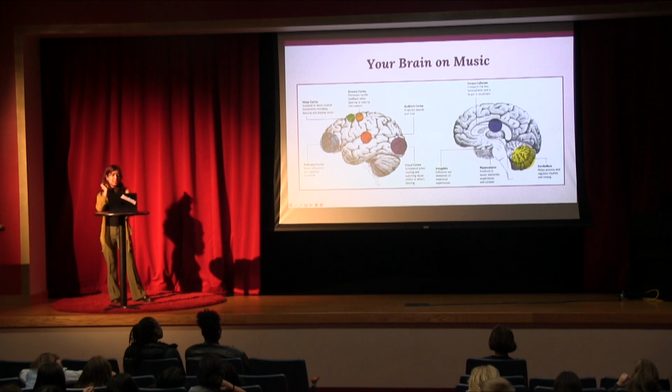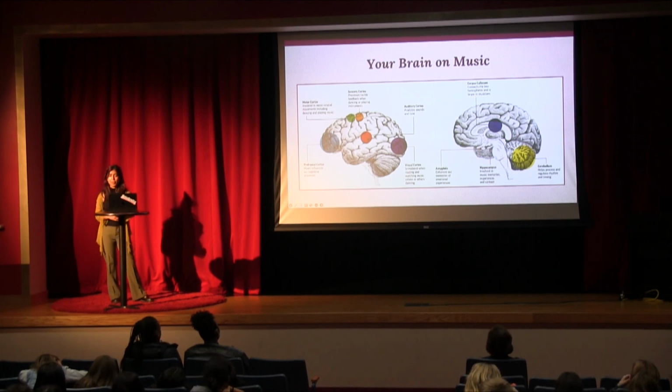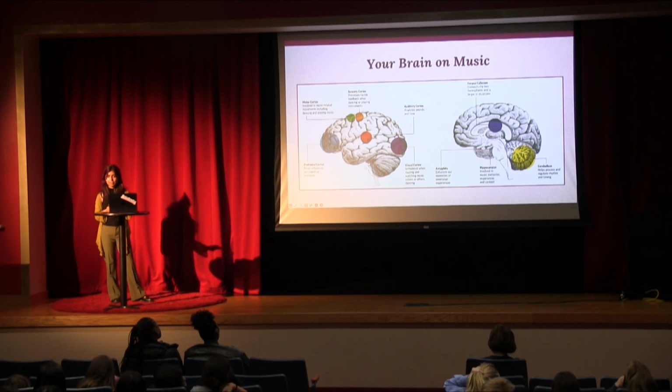More generally, though, I wanted to talk about music inside the brain. Our auditory cortex processes pitch, so the sound and the tone, and the motor cortex and cerebellum help decipher rhythm. Something interesting about that is because they are motor regions, they monitor our movement, and that contributes to the phenomenon of people tapping their feet or drumming their fingers to a beat without being aware of doing that.